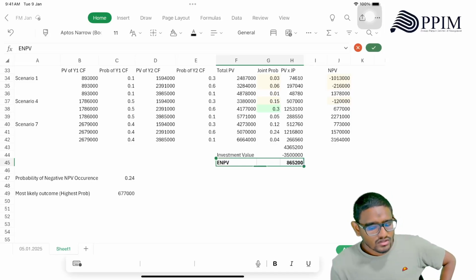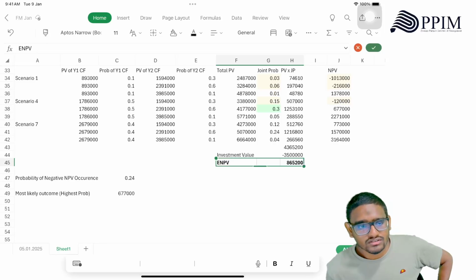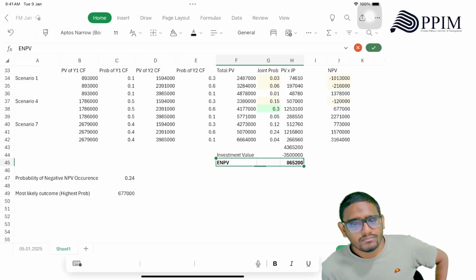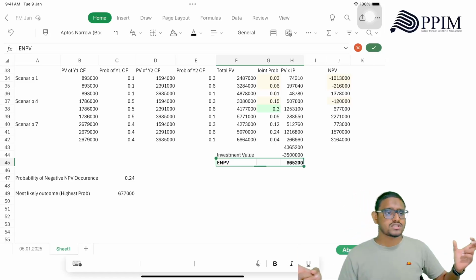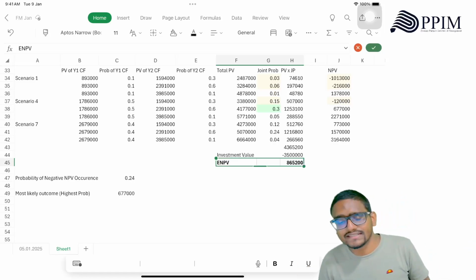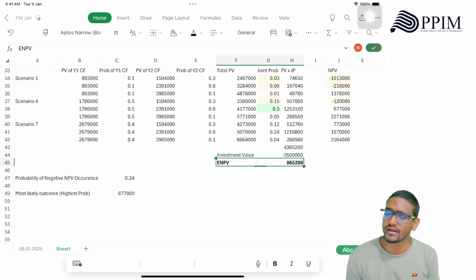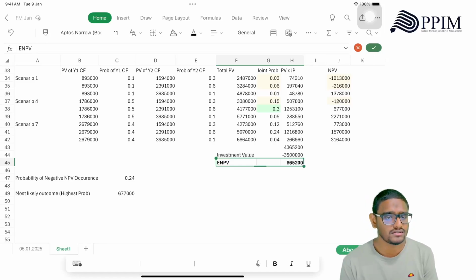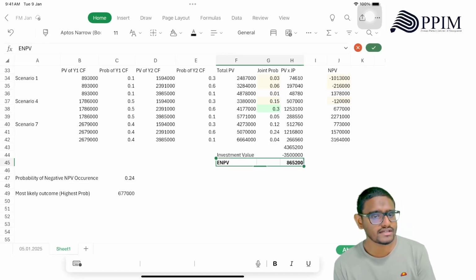Okay. So I'm going to say something a little different to the examiner, that there is a potential, or you can say that the actual NPV will be one of the values in column J, of which there is a 24% chance of it being a negative NPV, which you have to determine whether is an acceptable value of 24% or too much. 25% is 1 in 4 chances that you're going to have a negative answer.